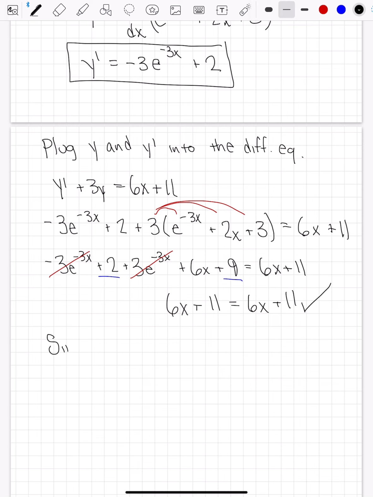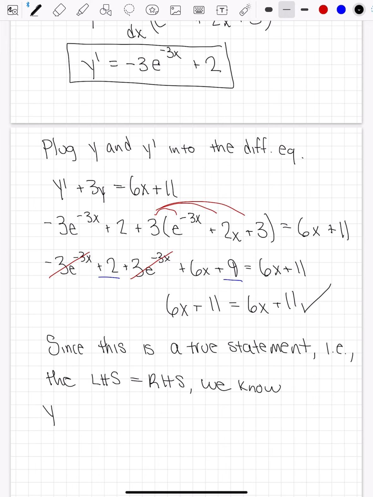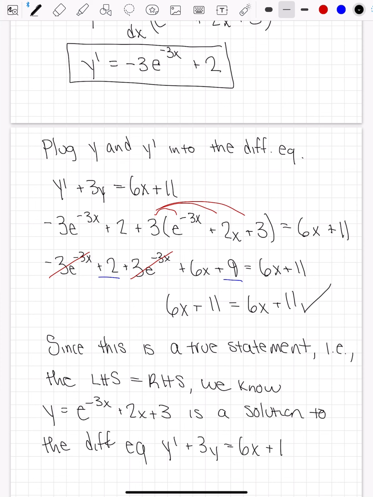Since this is a true statement, the left-hand side equals the right-hand side, so we know that y equals e to the negative 3x plus 2x plus 3 is a solution to the differential equation y prime plus 3y equals 6x plus 11.